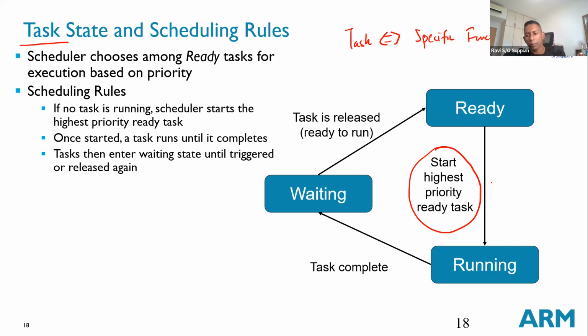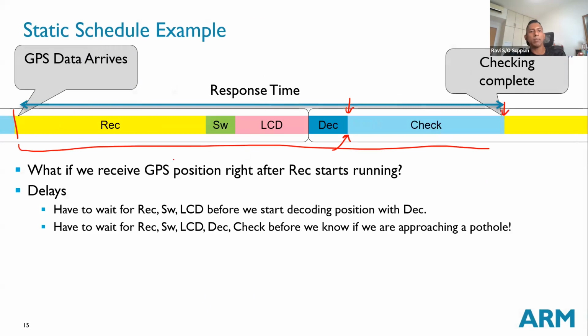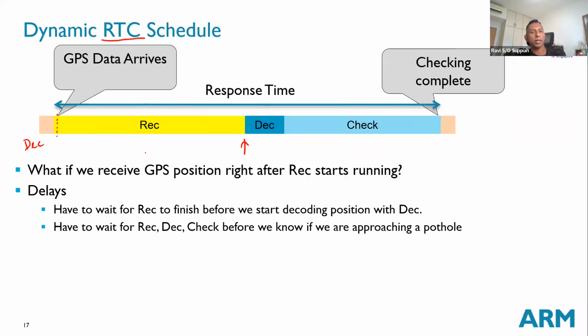If I go back here, the original sequence is that after I do the record, I'm supposed to check for the switch. So the original sequence was that after record was supposed to be switch. But because the GPS data arrived, I am able to dynamically switch.